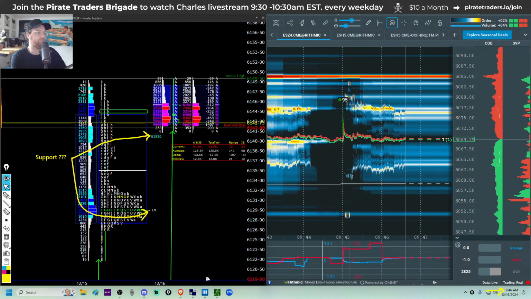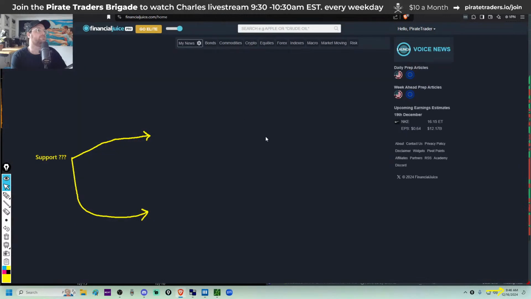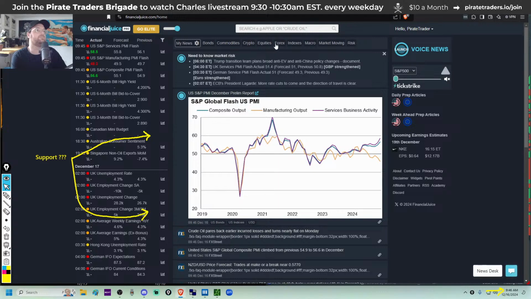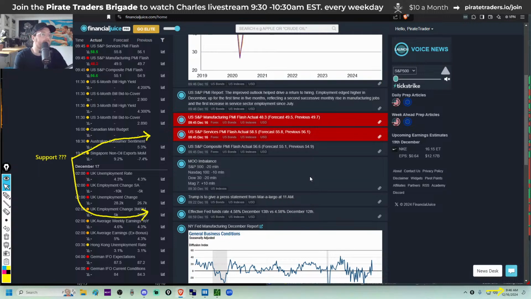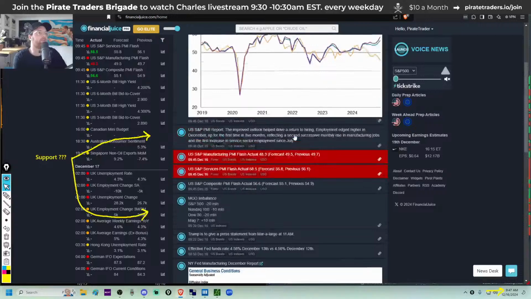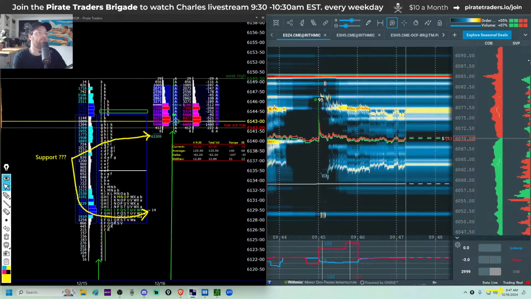Interesting. Services came in higher than expected, but manufacturing came in lower than expected. Hence the nothing burger.